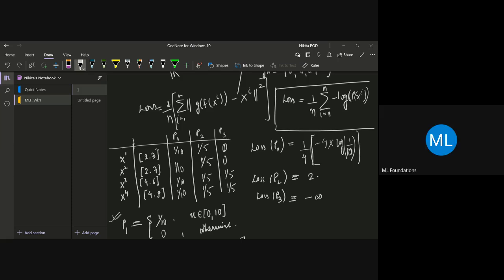So it comes as 2.30. Similarly, the loss of P2 will also be the same, but the loss of P3 will come out to be minus infinity. So, looking at these three models, P1, P2, and P3, P3 is the best one we would go with. Okay, ma'am. Thank you.